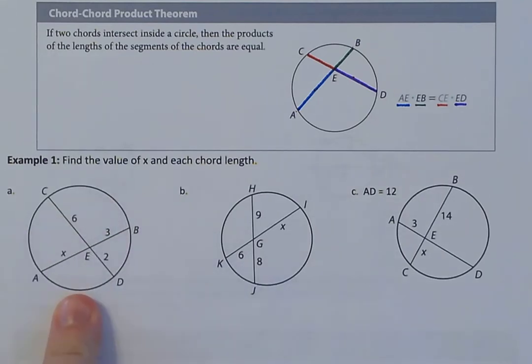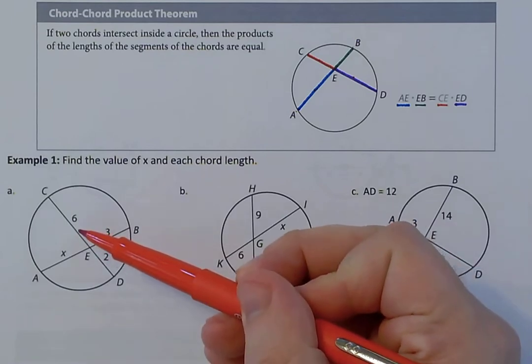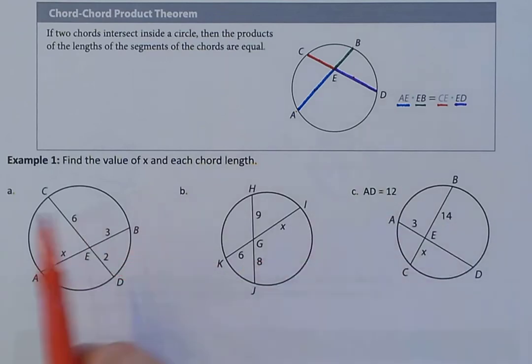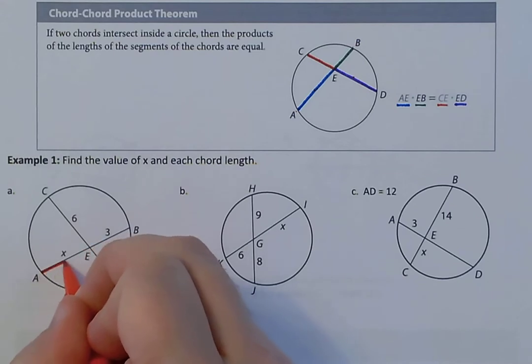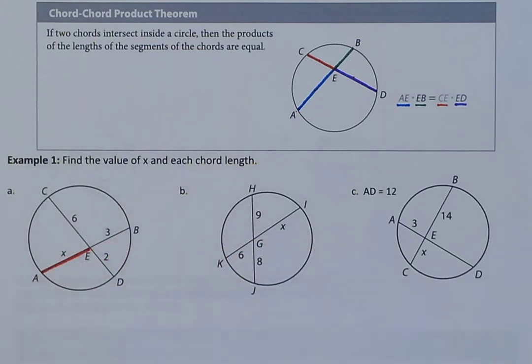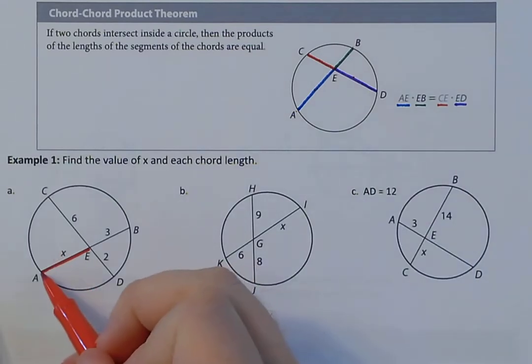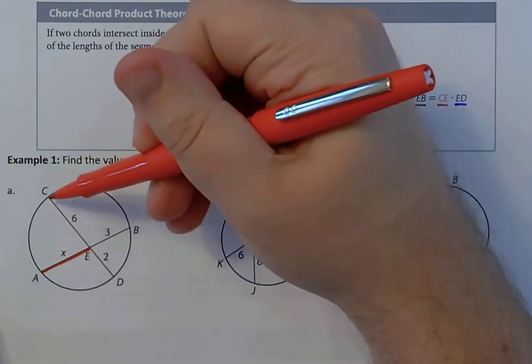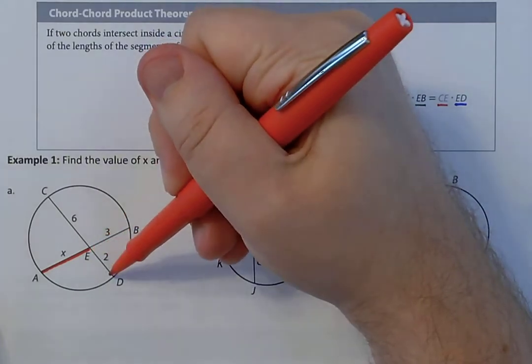And we're going to use the chord product theorem to help us do that today. So if we look at example 1, part A, they tell me that CE is 6, EB is 3, ED is 2, and they want us to go through and find the value of x, which is going to tell us the value of AE. So, using the chord product theorem right here, what the chord product theorem tells us is that this segment times this segment equals this segment times this segment.